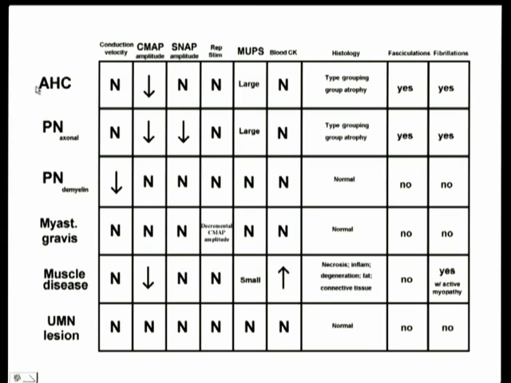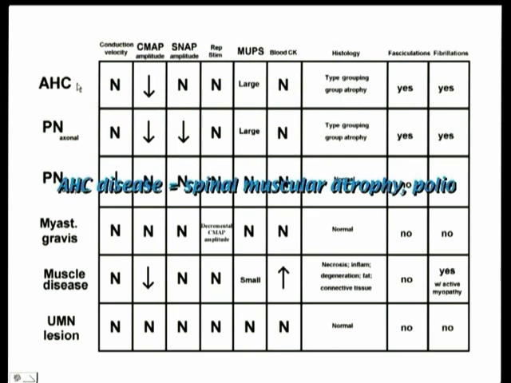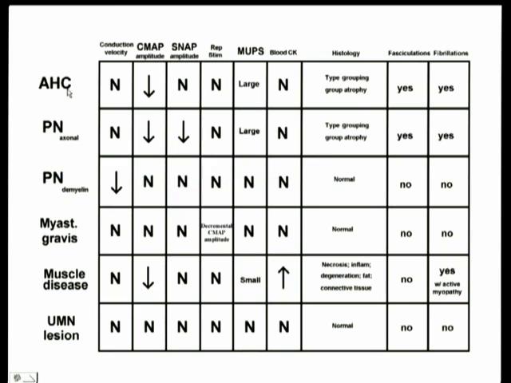Your lower motor neurons in the spinal cord would be damaged. Some of them would be dying. A good example of this would be spinal muscular atrophy, or polio. And these lower motor neurons are dying, and their axons are therefore degenerating as they go out into various nerves, and they're going out eventually to muscle.